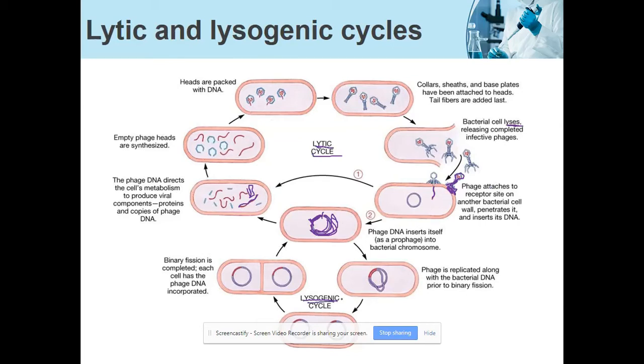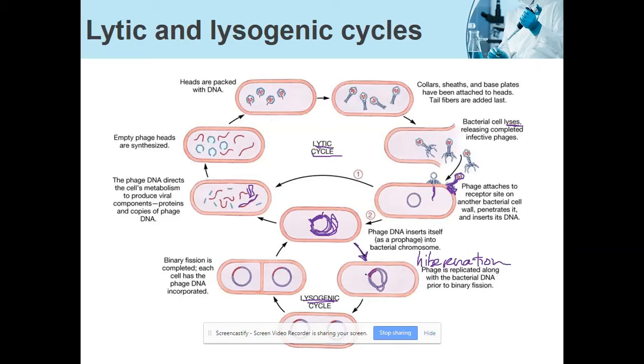The other cycle is the lysogenic cycle. The virus binds to the receptors on the cell, and we inject our DNA or RNA into the cell. It is incorporated into the host cell, but instead of right away making virus parts and pieces, we just stay quiet for a little while. It kind of goes into hibernation, where the virus DNA is part of the host cell's DNA but hasn't been activated.